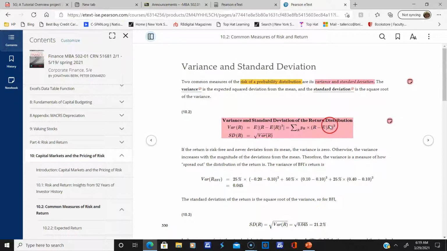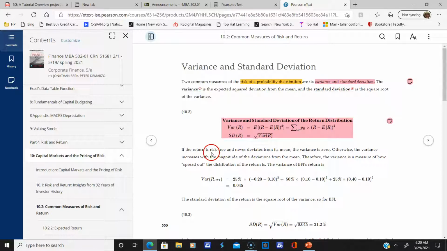You subtract these two, square it, multiply by the probability, add them up, and that'll give you the variance. Once we get this variance, we can just take the square root of that and get the standard deviation.